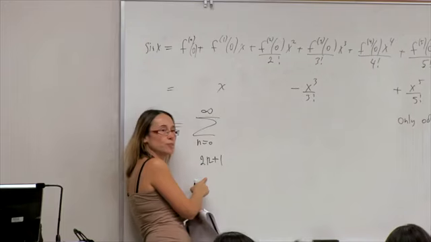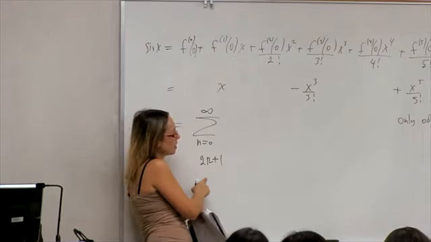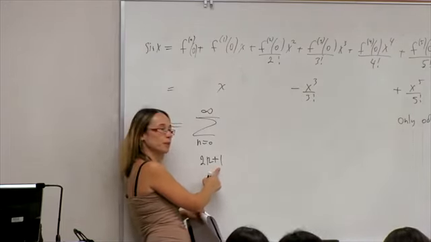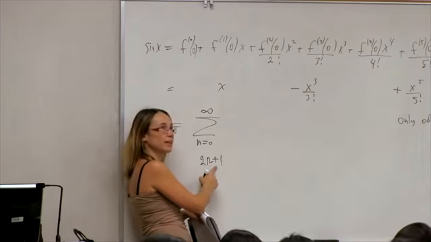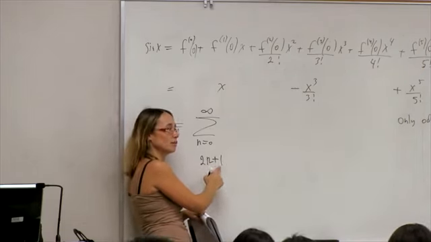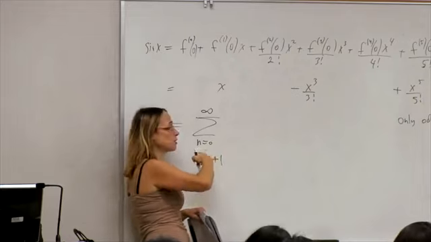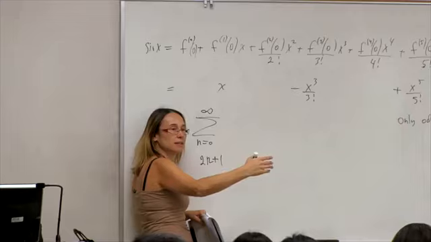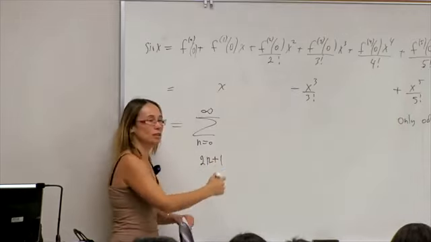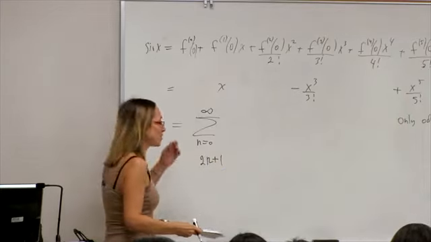What does this do? When n is 0, this is 1. When n is 1, this is 3. When n is 2, this is 5. So as n goes 0, 1, 2, 3, 4, 5, this goes 1, 3, 5, 7, 9, 11. Right? So this is a machine that only creates odd numbers.